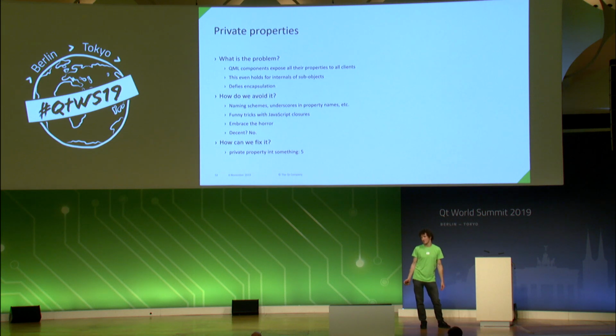So what do we do about this right now? Yeah, we have lots of interesting workarounds there, like naming schemes. Lots of properties in QQuick controls start with underscores so that you won't find them. You can do interesting things with JavaScript closures.